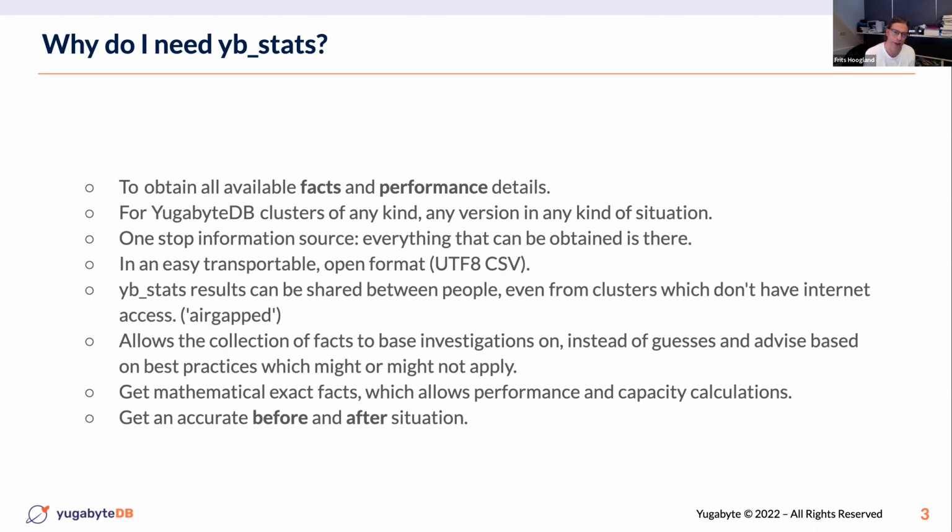So you can base your assumptions and investigations on facts and not on advice or guesses. I see a lot of people guessing and just applying things which they've read somewhere on the internet. And the whole idea of YBStats is that that isn't necessary. You can look at what is happening at this moment and then go from there.